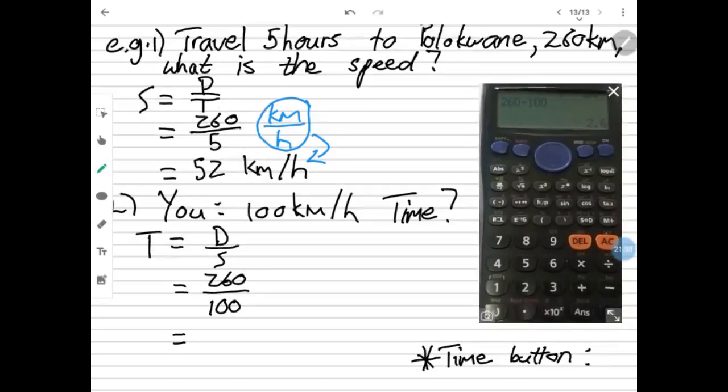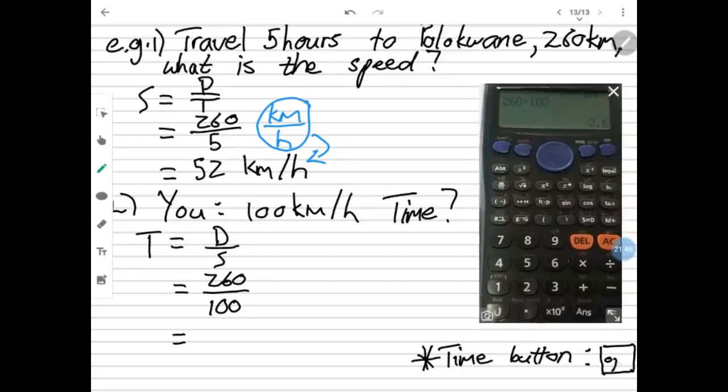I'm just cautious that you don't see it on the calculator. It's the button that looks like this. You see that's a button with a dot and it looks like 3 commas. I don't know if other people call it a time button, I just call it a time button.